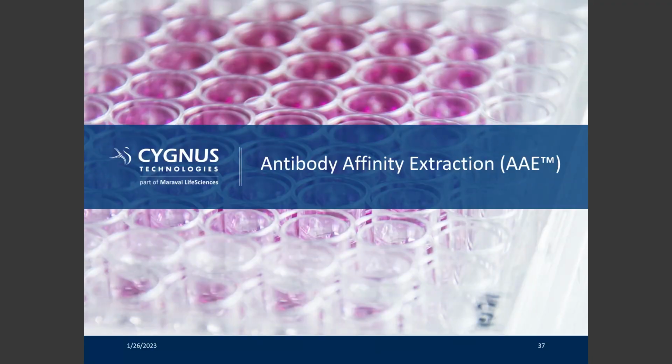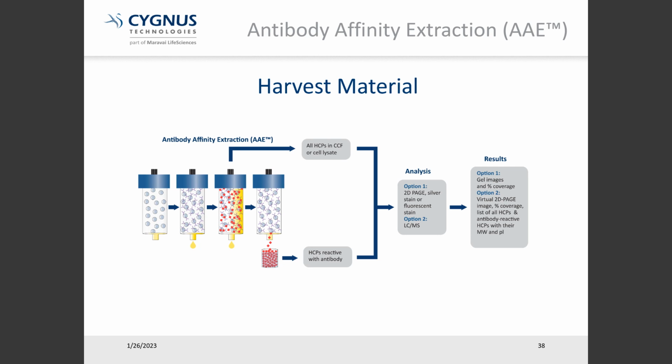So first, antibody affinity extraction. This is a schematic of how this looks. We take the antibodies that we plan to use in the host cell protein ELISA, and we make a column. And we can do a lot of conditioning of this column. When we're satisfied that it's ready, we take harvest material, typically null or mock harvest material, and we set some of that aside.